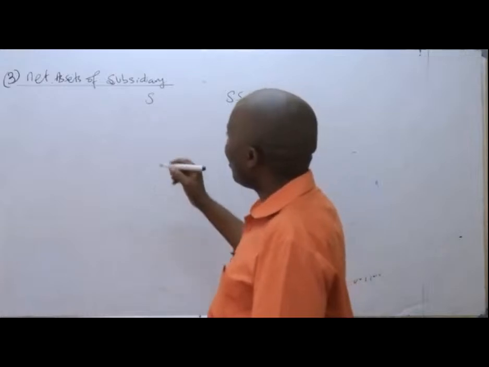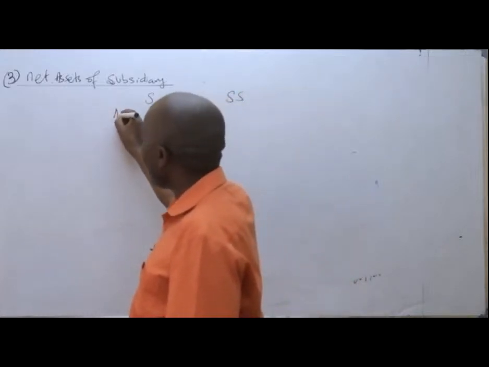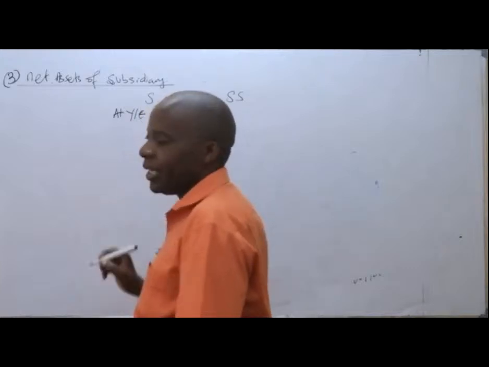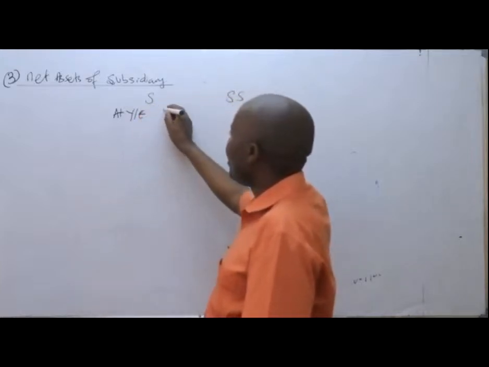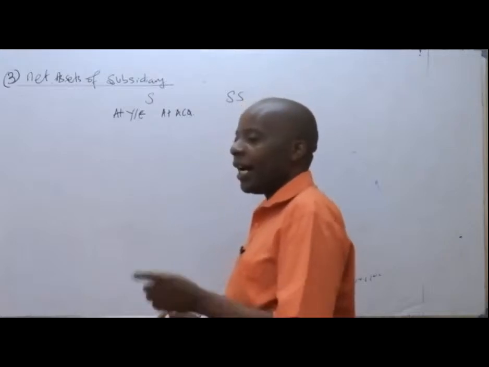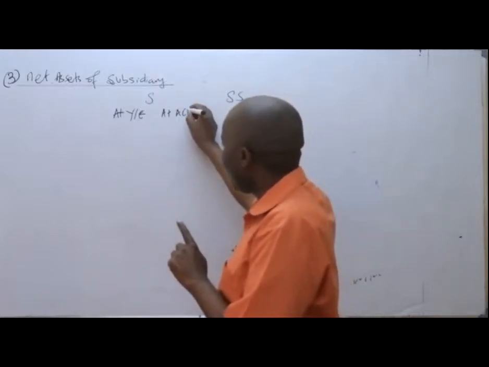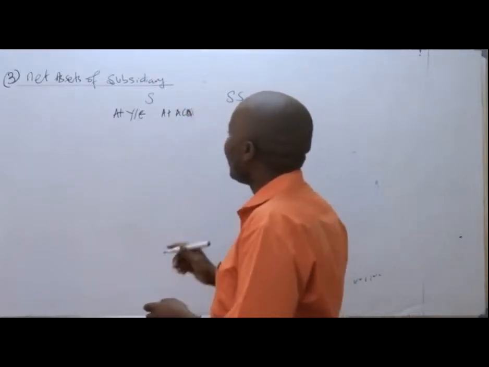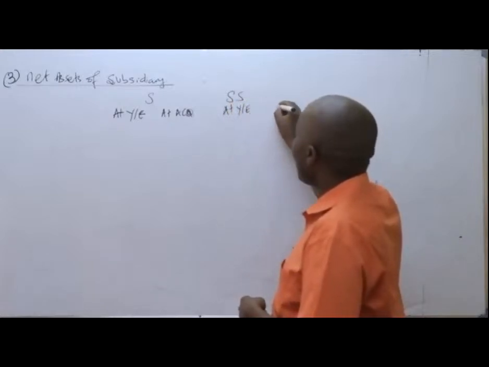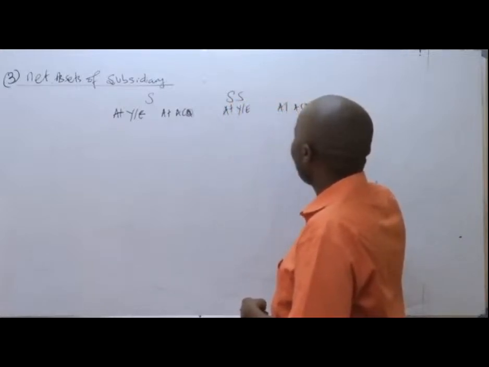You have to give us the subsidiaries at year end, for each one of them, and at acquisition. Please write like that. The same for SS, at year end, and at acquisition.